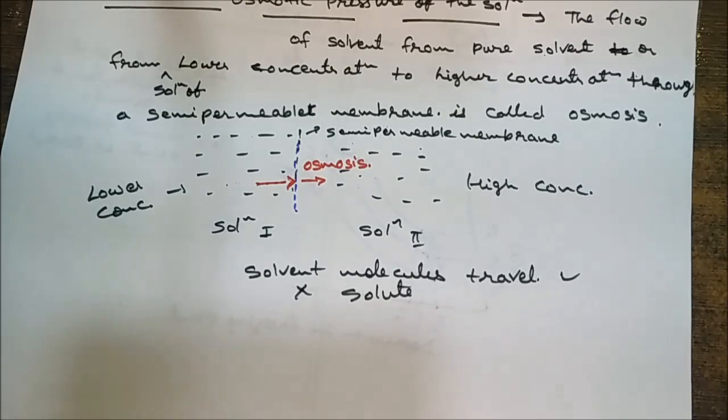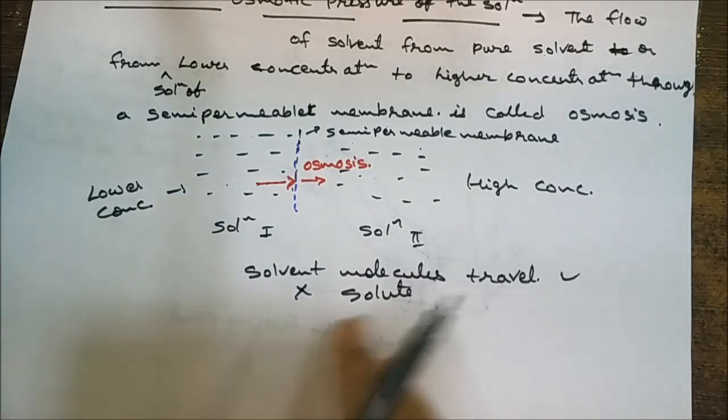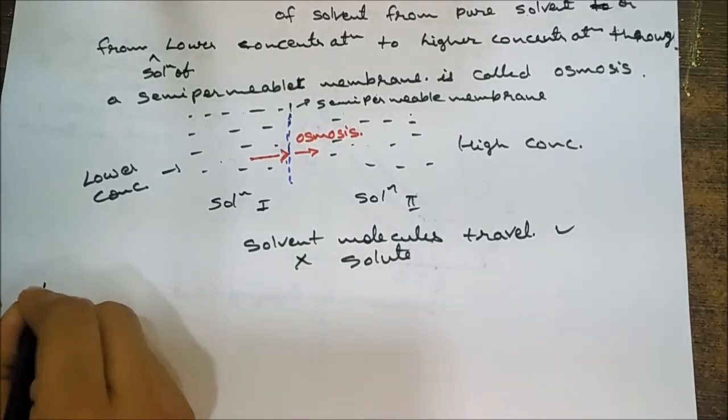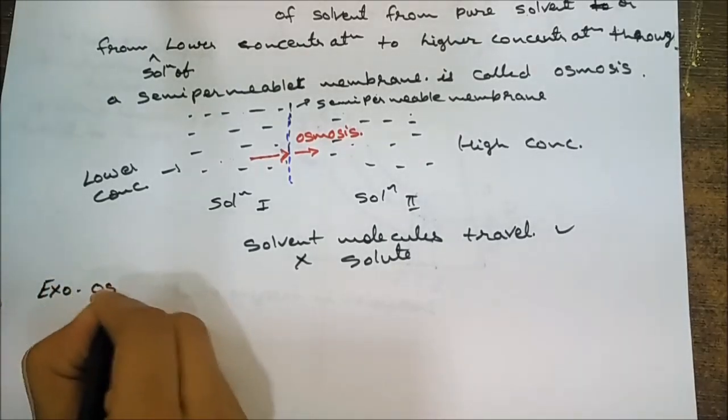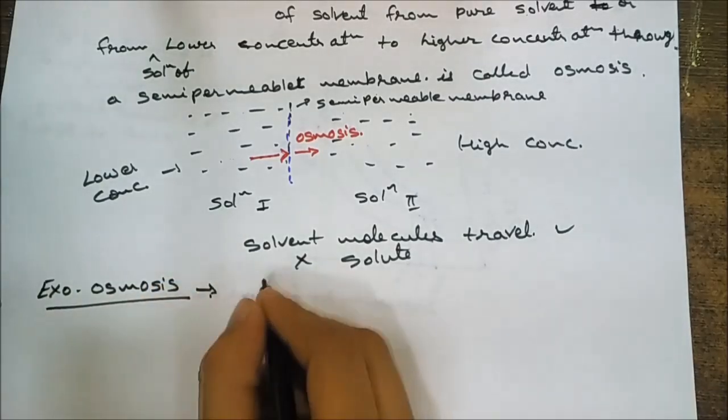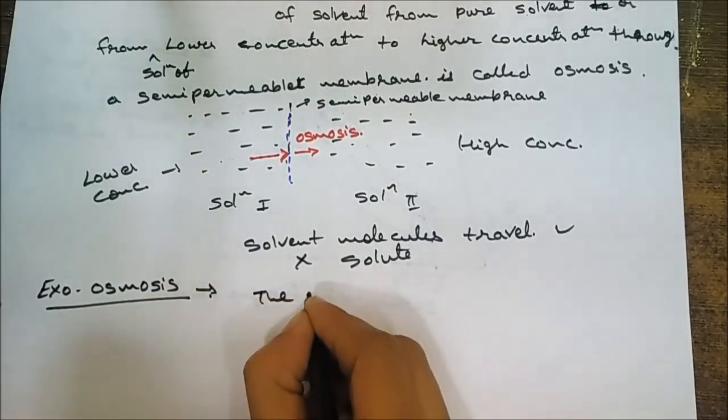Now, types of osmosis. Osmosis is of 3 types. First, exoosmosis.